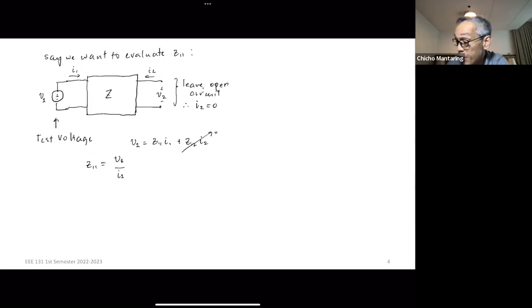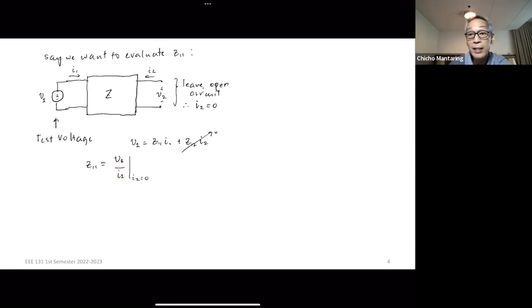So this is V1 over I1, and just to qualify that this is open circuited, we say this is evaluated at I2 equal to 0. So that is to signify that we left this open circuited. Notice that V1 over I1 is volts over amperes.